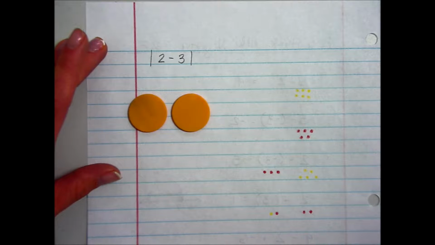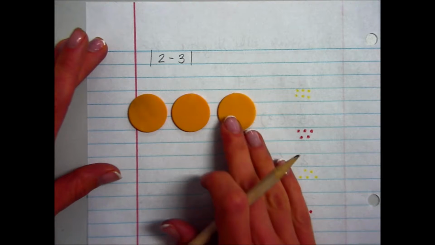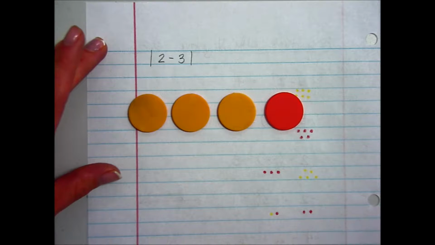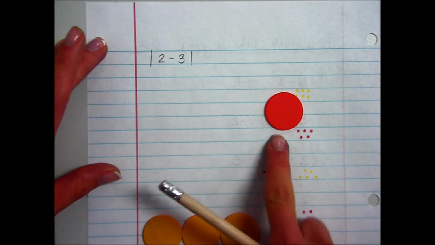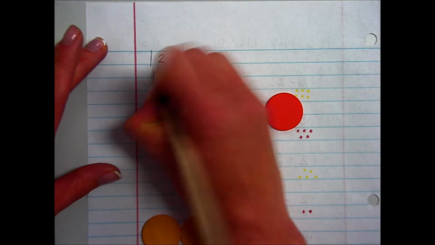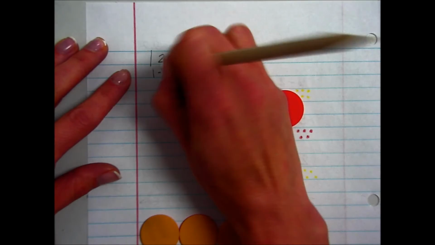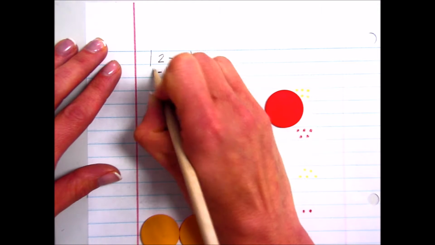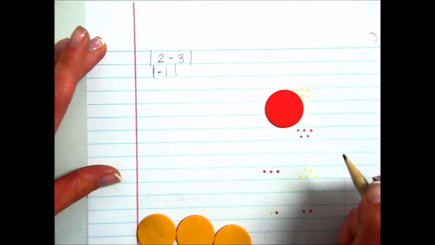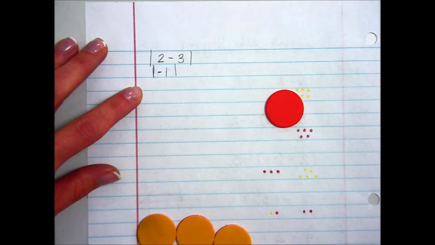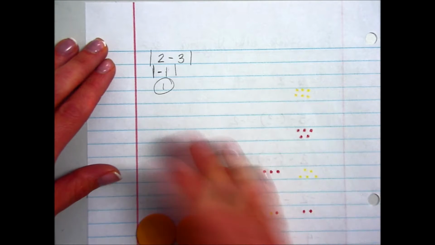I don't have positive 3, so I have to add one of each color. Now I can take away 3. What am I left with? That goes in the absolute value, -1. What's the absolute value of -1? 1. And that's your answer.